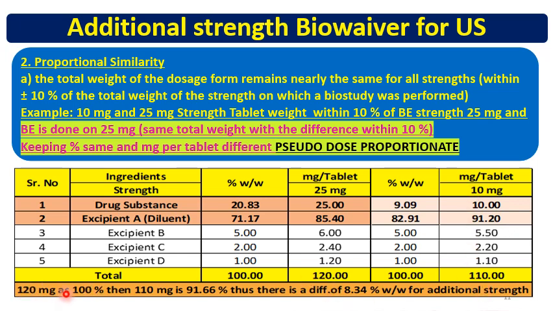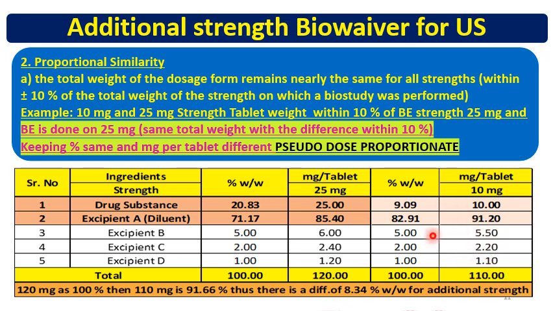So considering 120 mg as 100%, then 110 mg tablet weight is 91.66%. Thus there is a difference of 8.34% for additional strength. This is the additional strength weight, 110. This is the bio study strength weight, 120 mg. 10 mg difference is there.